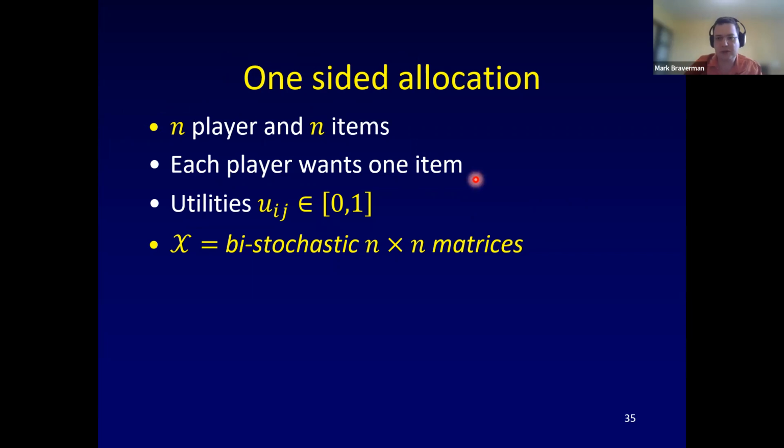The classical examples are school choice, where you allocate students to schools or to courses. There is a utility u_ij for each item, and the outcome space is the space of bistochastic matrices, where x_ij is the probability that player i gets item j.